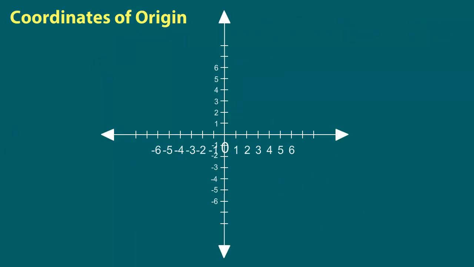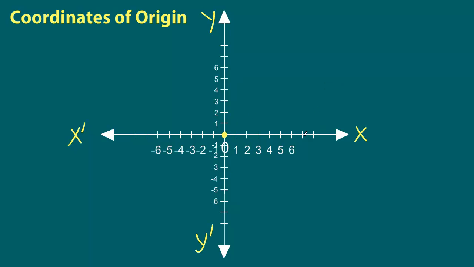Now let's say we were trying to find out the coordinates of our origin. Origin, we know, is this point over here, right, where both the axes meet. So this is our x-axis again, x dash, this is the y-axis, y dash. So they meet at origin.